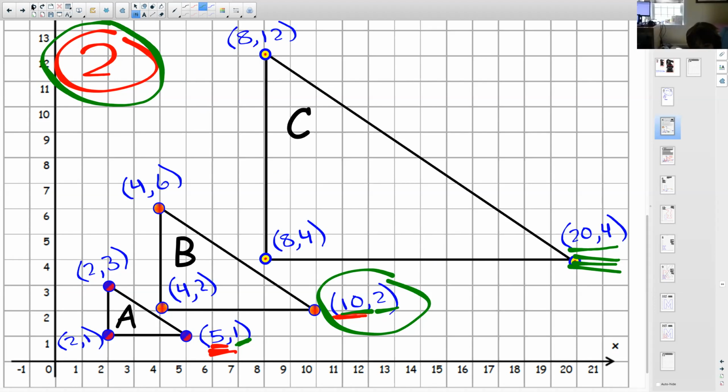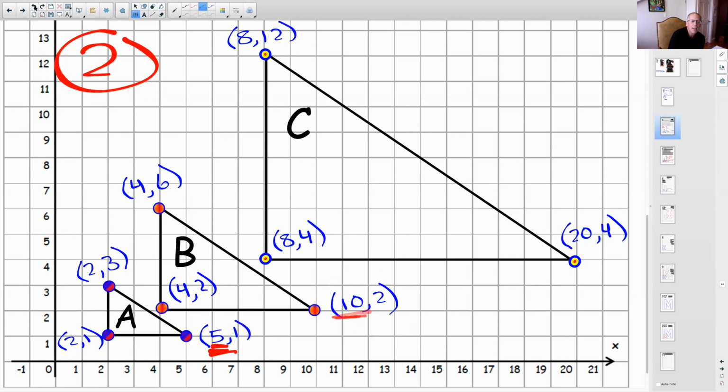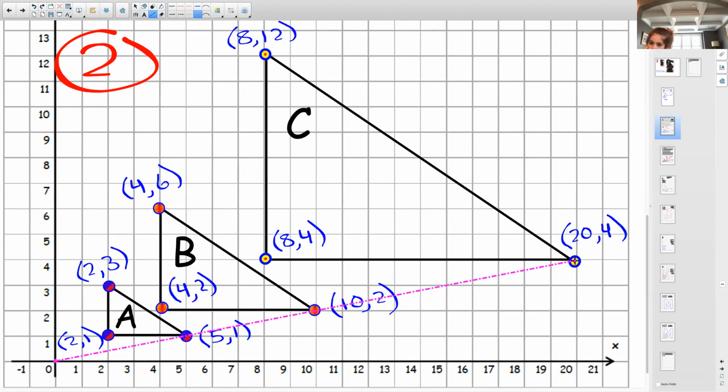Yeah. Now, watch this. You're really going to like this. Are you ready? Mr. Kramer's going to make a line from the origin all the way to point 5, 1, 10, 2, and 20, 4. Isn't that cool that they all are on the same line?